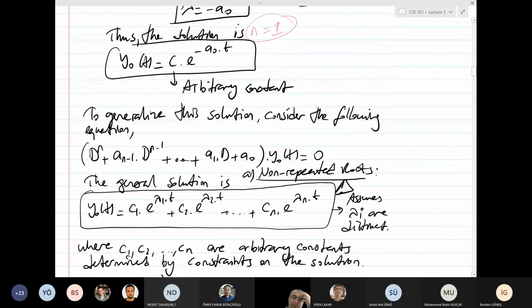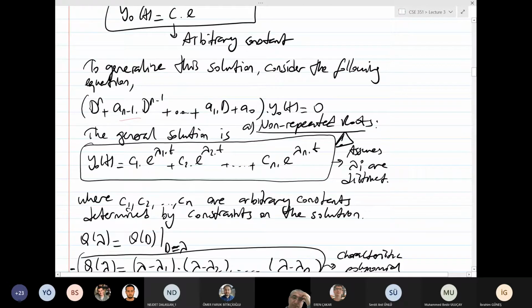Now we need to generalize this solution to n. Instead of n equal to 1, let's generalize to the case when the system equation has nth order: D to the power n plus a_{n-1} D^{n-1}, and so on, plus a1 times D plus a0. When we generalize, there are two cases.